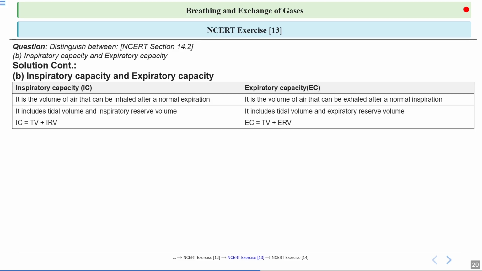And after that we have 5 different types of capacity. Out of these, three capacities, inspiratory capacity, expiratory capacity, and functional residual capacity, are the combination of two volumes, but the vital capacity and total lung capacity are more than two volumes.